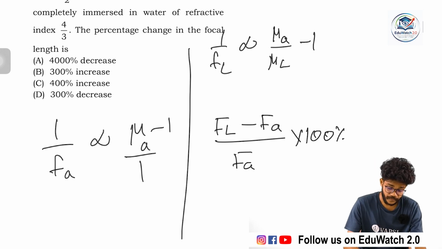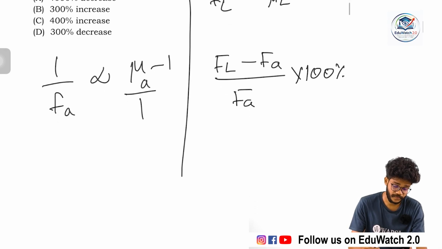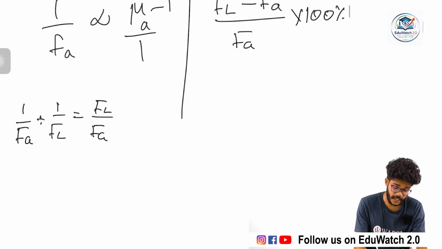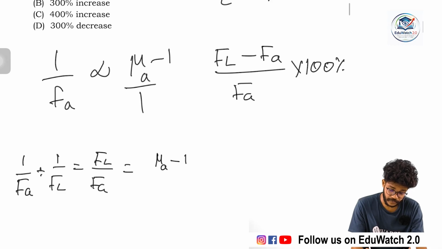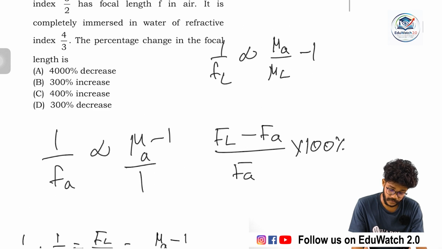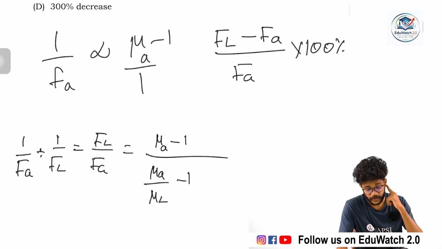So first of all, equation one divided by equation two. So 1 by f_a divided by 1 by f_L gives f_L by f_a. f_L by f_a is equal to (mu_a minus 1) divided by (mu_a by mu_L minus 1), because 1 by f_a is proportional to mu_a minus 1.